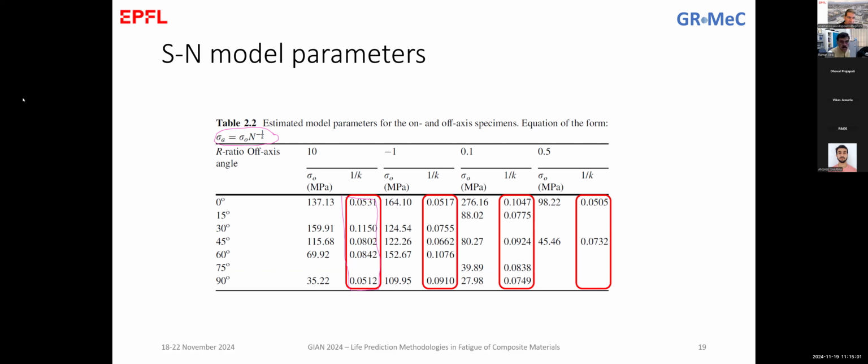So if we do a comparison of metals fatigue with composites fatigue, you have this behavior. This is number of cycles, this is stress. You have this behavior for metals, and you have this behavior for composites. This is the main difference, if you want, on the level of the SN curve between metals and composites.